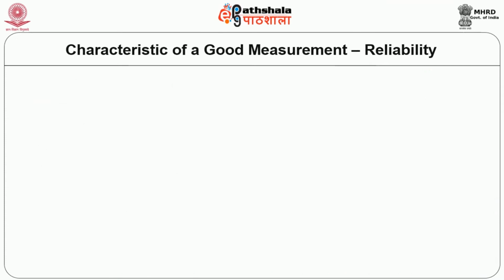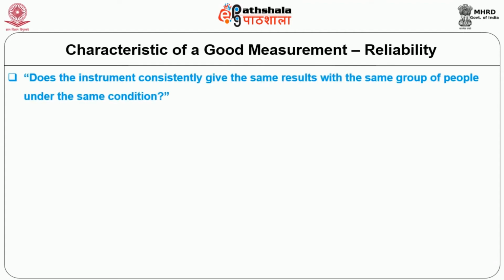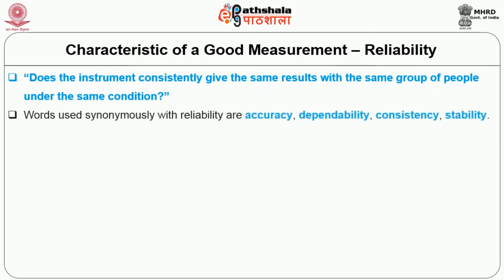What is reliability? Reliability asks the question, does the instrument consistently give the same results with the same group of people under the same condition? Other words that are used synonymously with reliability are accuracy, dependability, consistency, and stability.